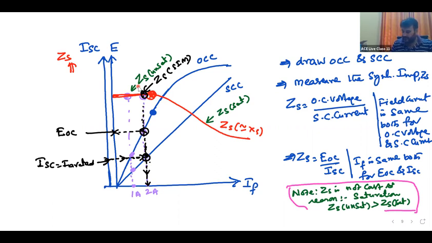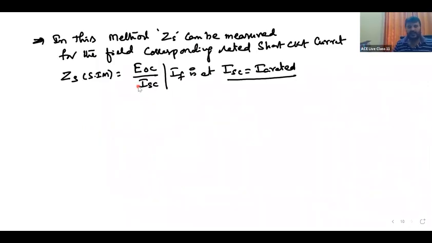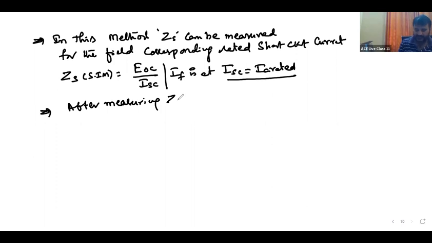Once ZS is known, next we calculate XS. XS is equal to the square root of ZS square minus RA square.